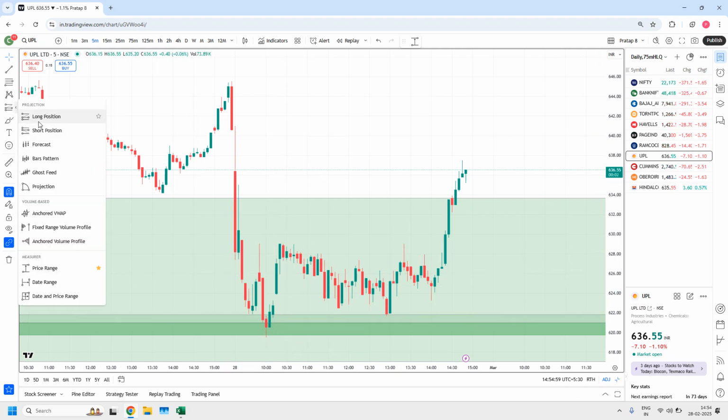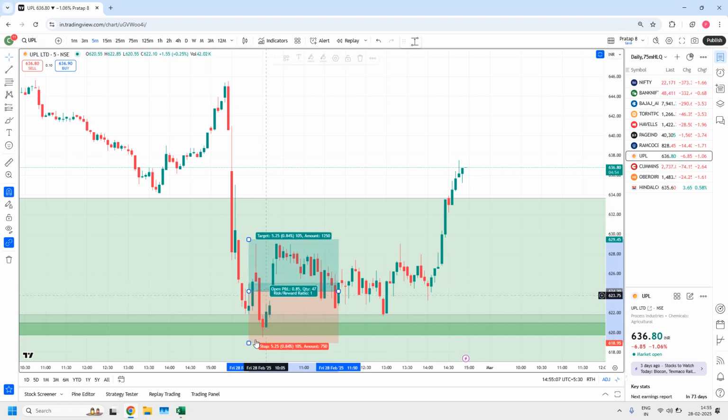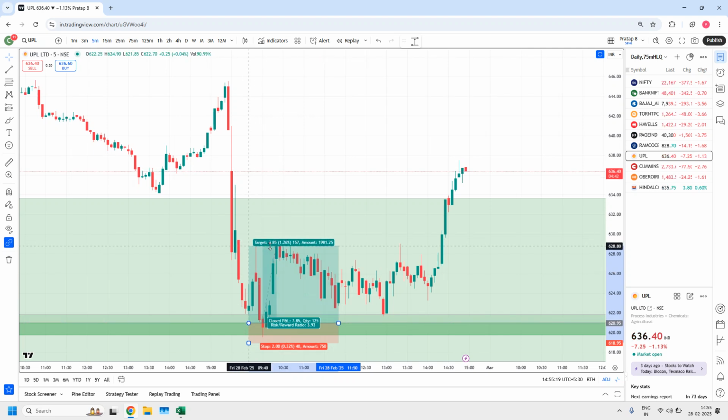Let me check. Long position. Approximately I am adding a stop buffer here. And this could be our entry. This is our entry. Till the max of this. Okay.